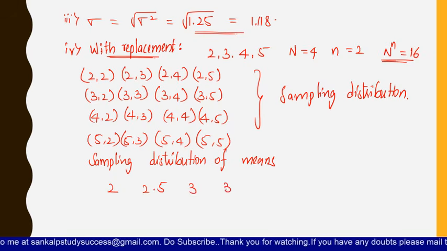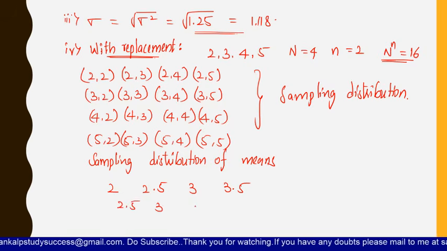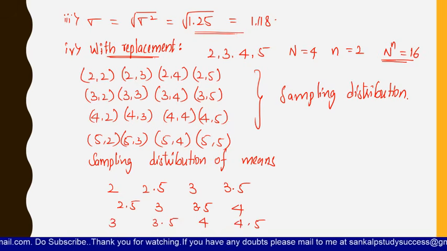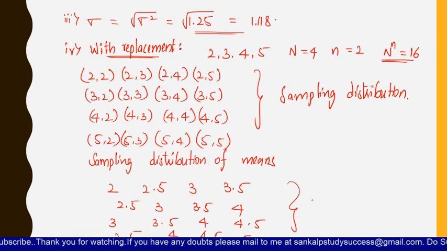In this way you have to find the means. I am writing directly here: 2.5, 3, 3.5, 4, 3, 3.5, 4, 4.5, 3.5, 4, 4.5 and 5. These are the sampling distribution of means. Now you have to find the mean of this, right?